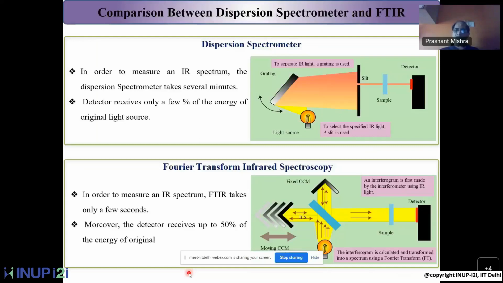So a lot of the energy from the light source passes through the sample, and that is why it takes very few seconds to monitor the spectra. And second, the detector receives up to 50% of the energy of the original. So a lot of energy is received, and that is why it is a very sensitive method.